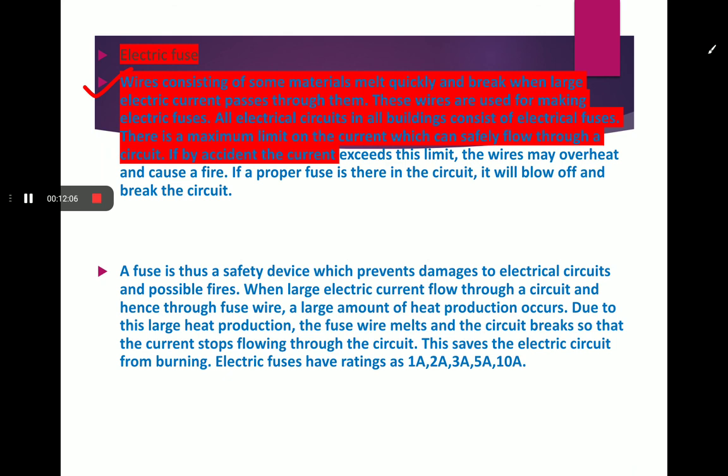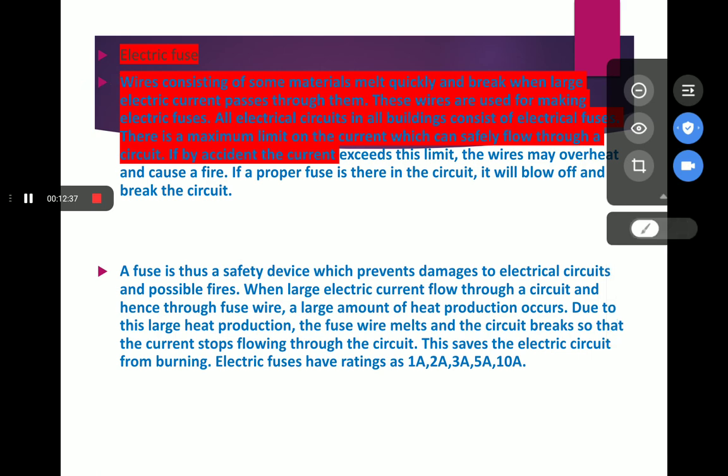So, a fuse is a safety device which prevents damage to the electrical circuit and possible fires. When a large electric current flows through a circuit and hence through the fuse wire, a large amount of heat is produced, and due to that heat, the wire melts and breaks the electric circuit. So, this is the application of heating effect of electric current.